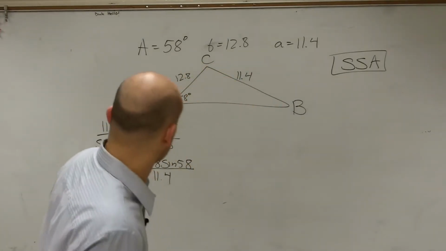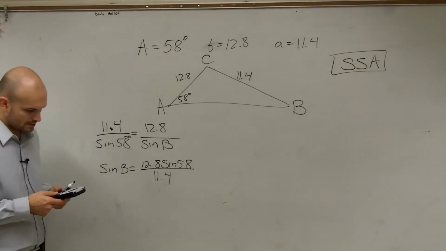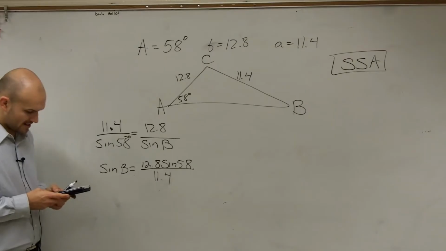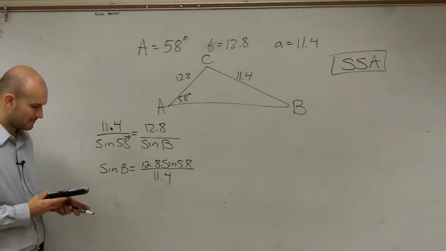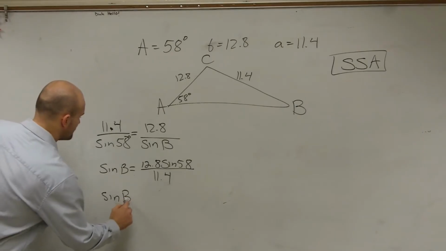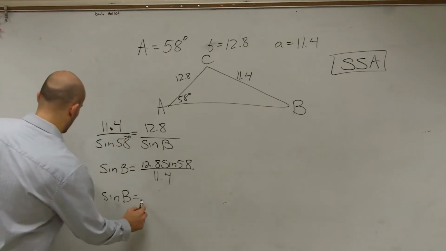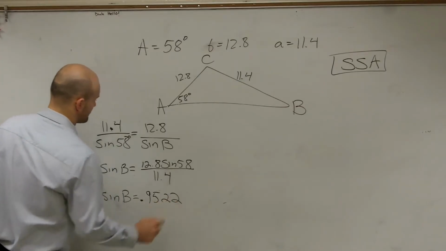I'm solving for B. So I cross multiplied and then I divided by 11.4. So I can do 12.8 times the sine of 58 and then divided by 11.4. So I could say the sine of B is equal to 0.9522.